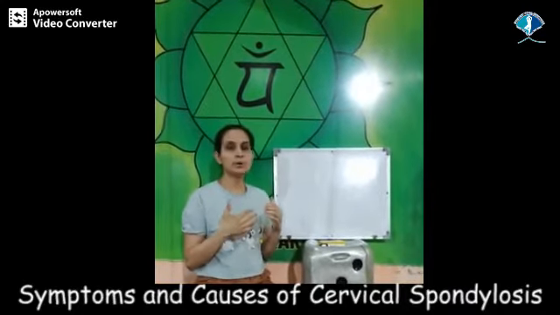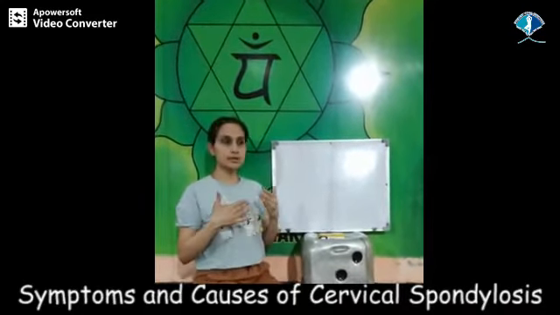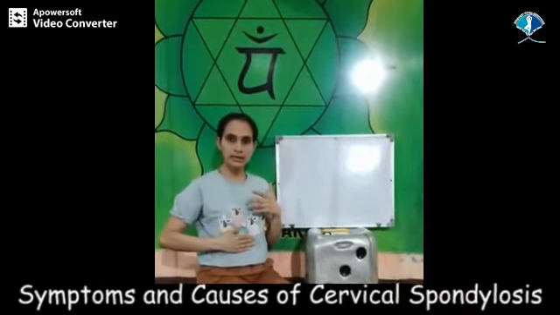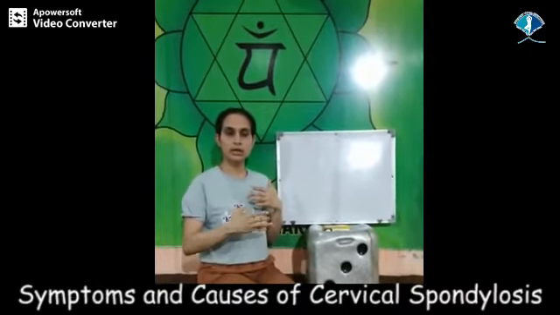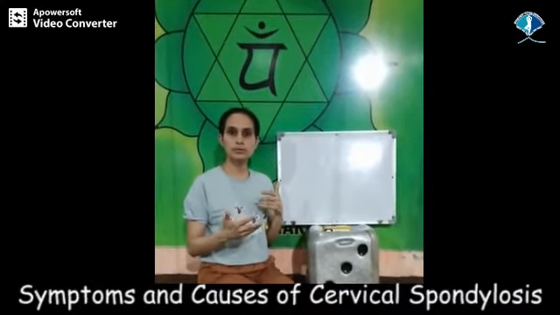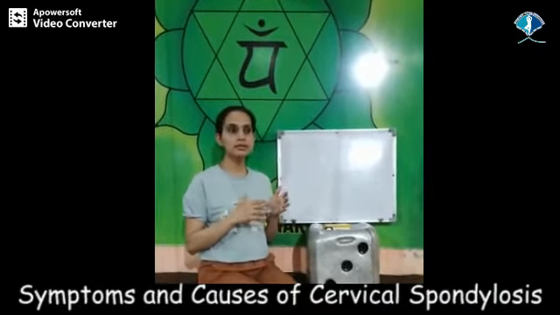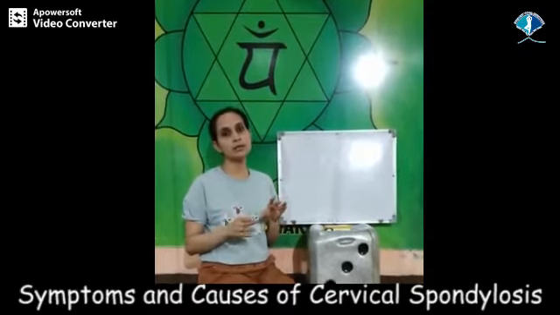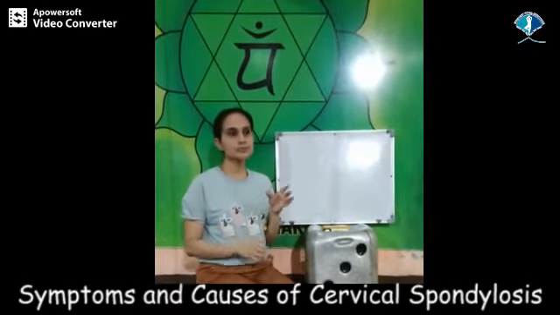We could have problems in breathing, especially deep breathing. When you breathe in deeply and raise your belly outward, if a person feels a problem in doing so, that person could be suffering from cervical spondylosis.